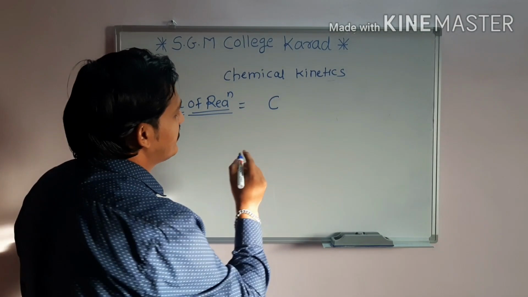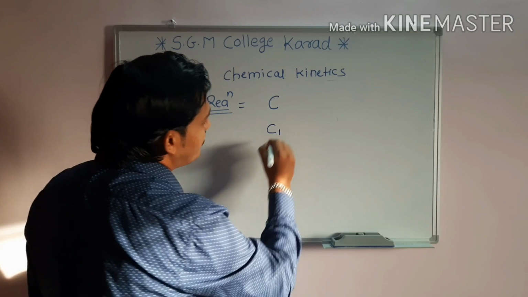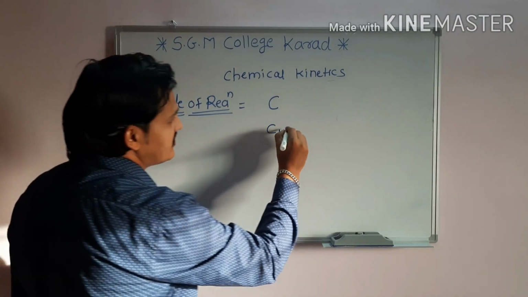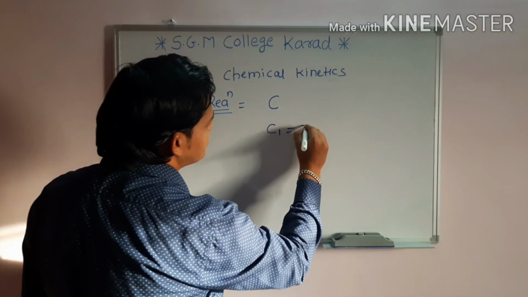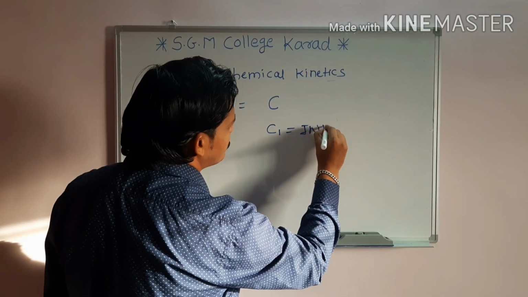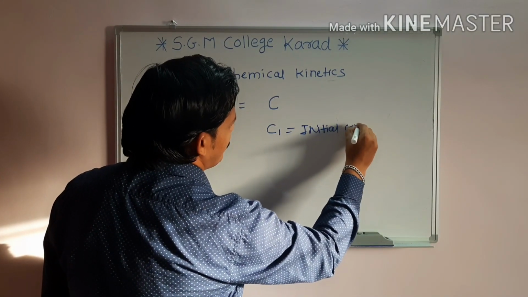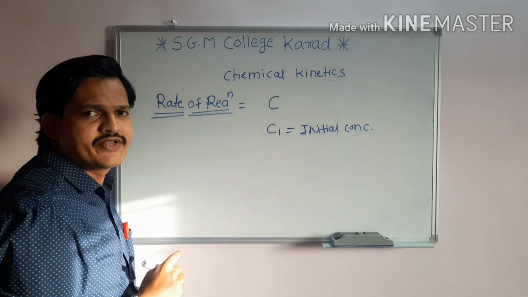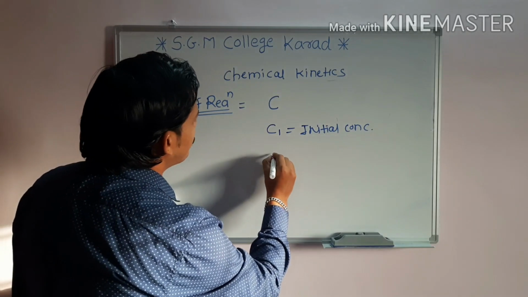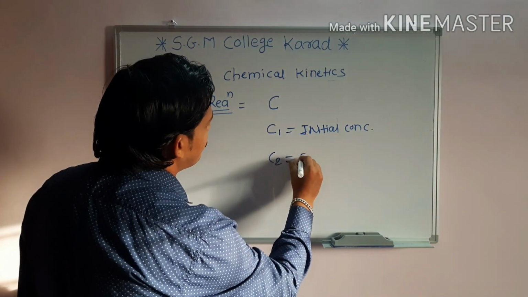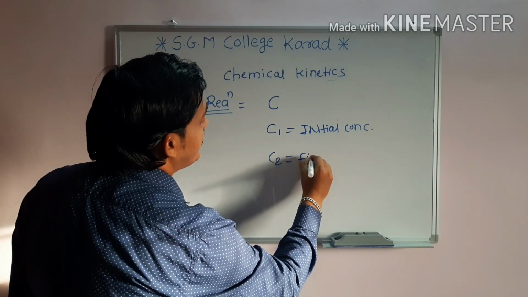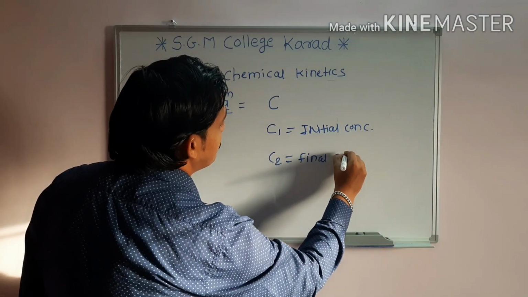Then initial concentration is given by C1, that is the concentration for reactant. If C1 is the initial concentration, then C2 is the concentration of product, that is final concentration.